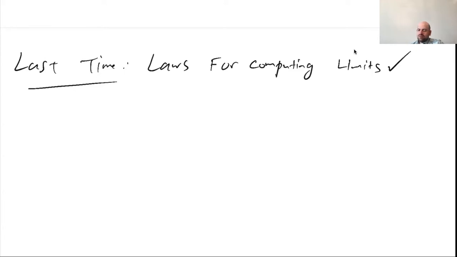One thing we haven't looked at yet is the limit of trigonometric functions.